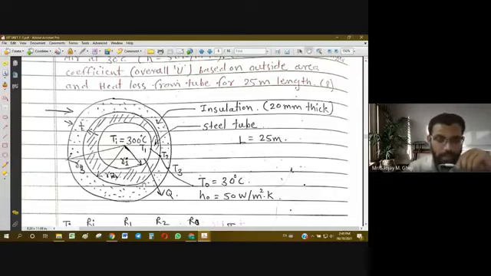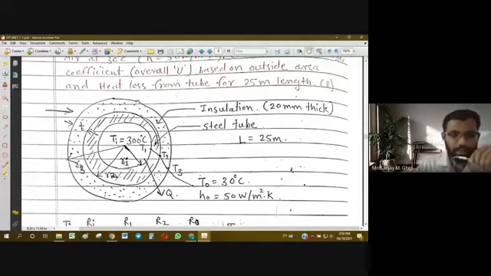This is common, because for the insulation layer, the inner radius is R2 and the outer radius is R3, because both share the same radius at the interface. So we have three radii: R1, R2 is the intermediate radius, and R3 is the outermost radius for the insulation cover.